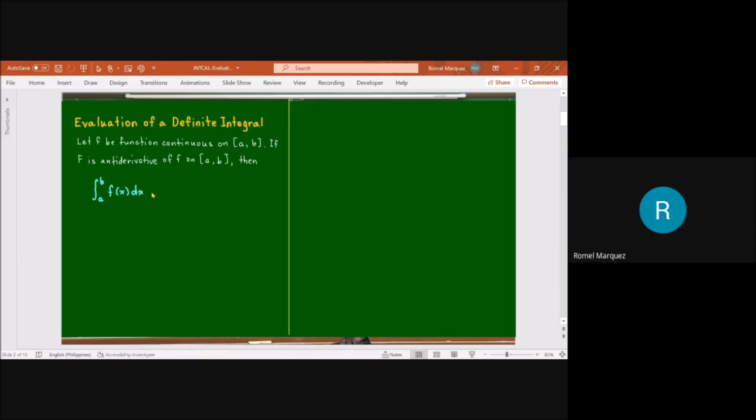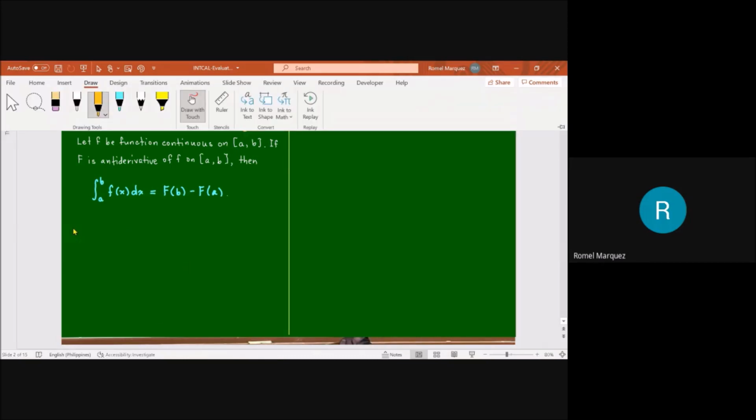Okay? And this is equal to the value of the antiderivative when x is b minus the value of the antiderivative big F at x equals a. When you get the difference of these, that's the value of this definite integral.